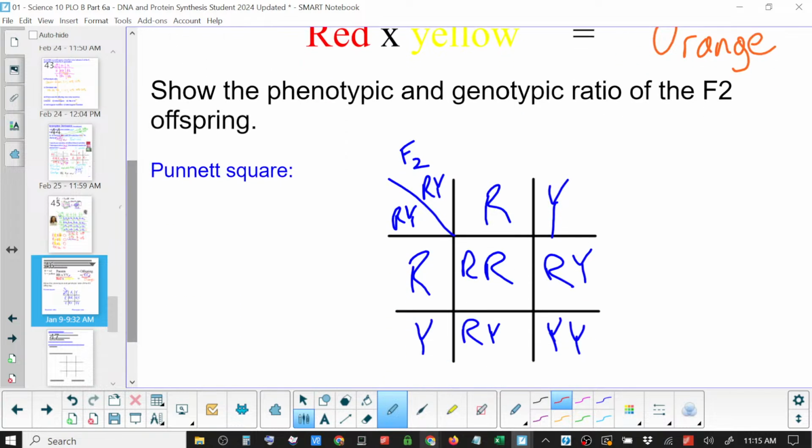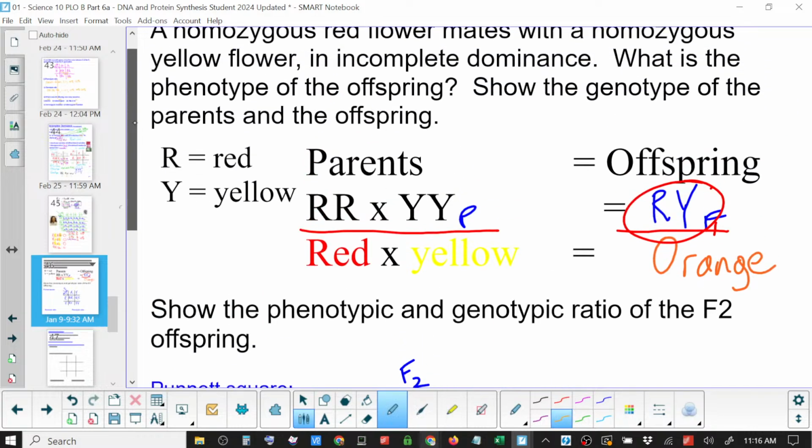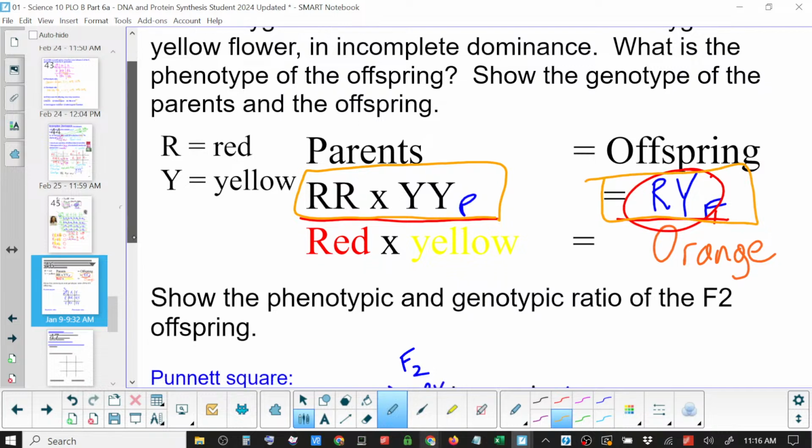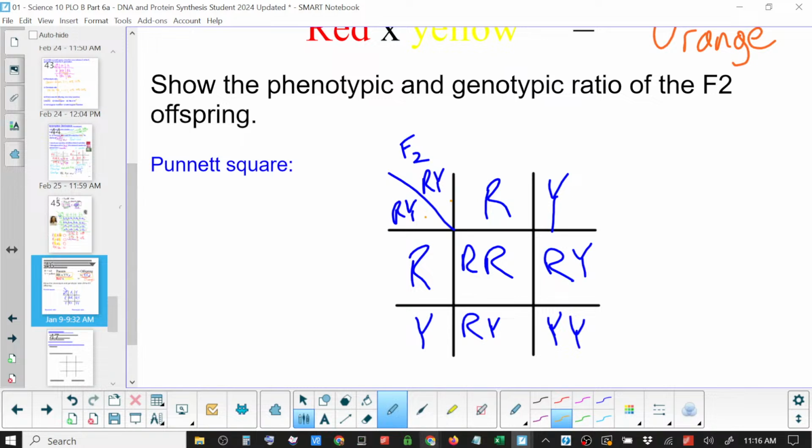They become the parents in here, and then this becomes the F2 generation. How do you determine the parents then? I asked you for the F2. So I gave you this as the parent generation. That makes this the F1, and there's only one possibility. So the next one is the F2.